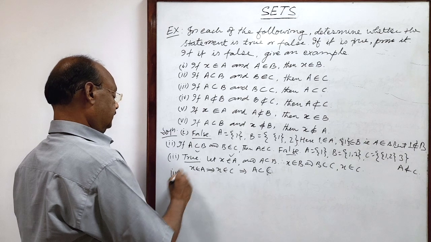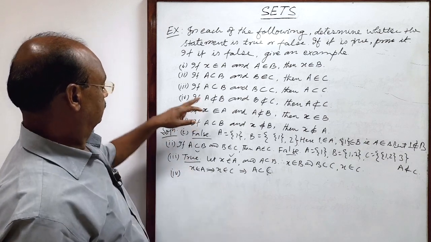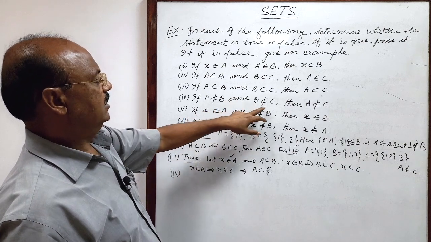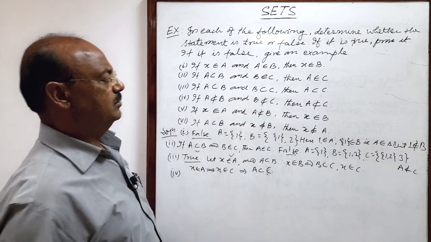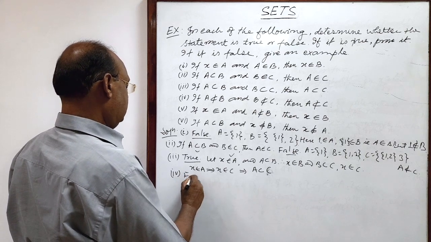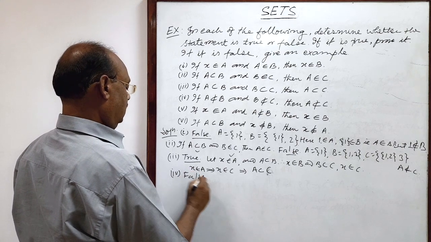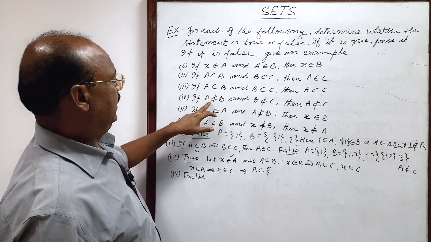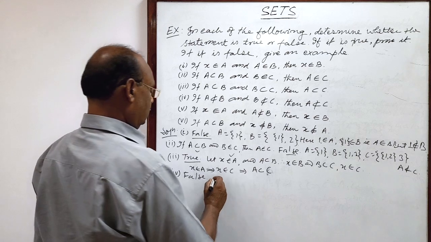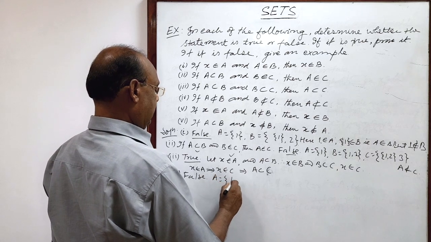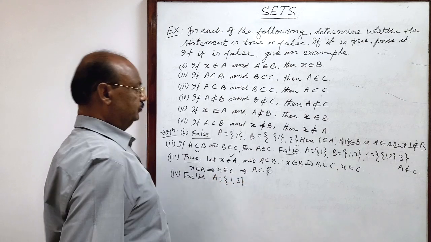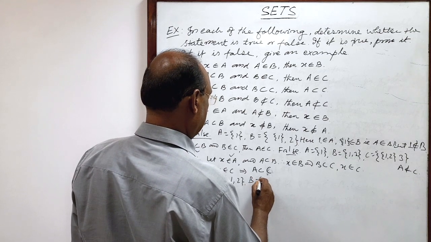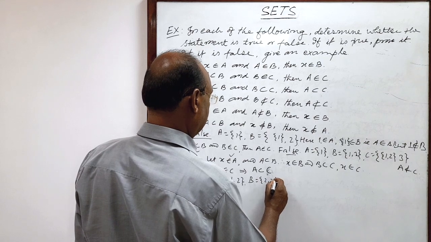Now fourth: if A is not a subset of B and B is not a subset of C, then A is not a subset of C. This statement is false. We'll explain with the help of an example. A is not a subset of B. So let us take set A having elements 1, 2, and set B having elements 2, 3.